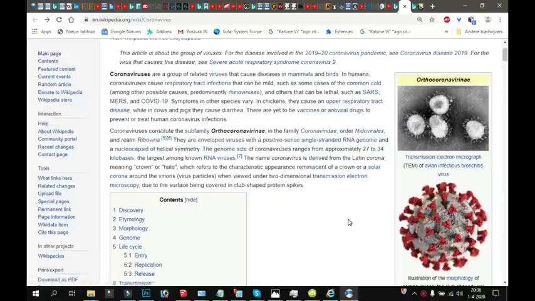I wonder why Wiki uses this image from 1975, because that's the same image I found on the CDC website.